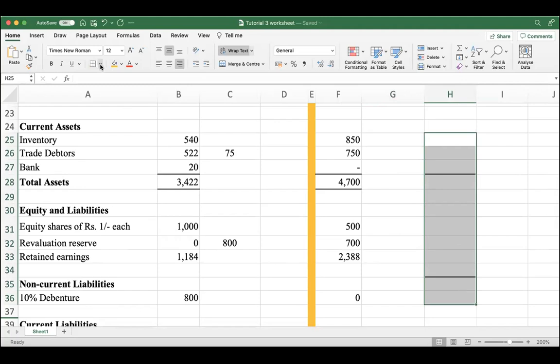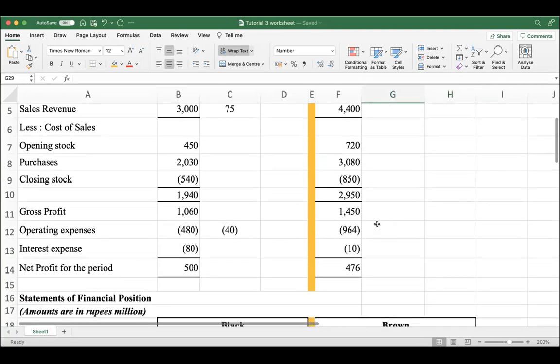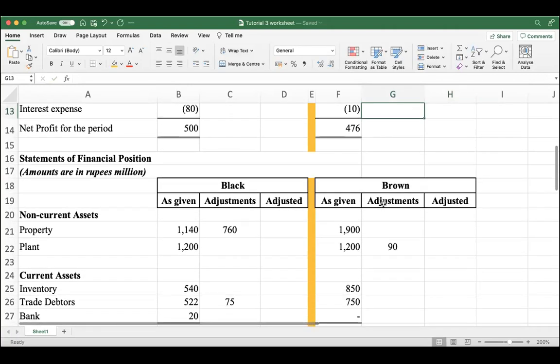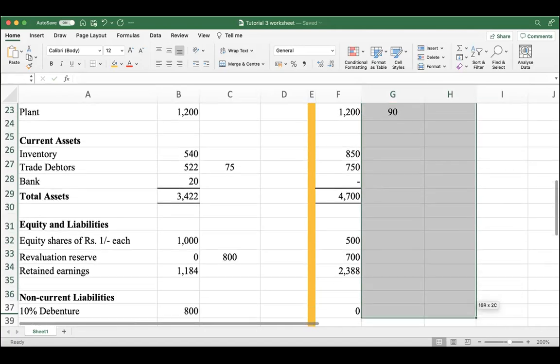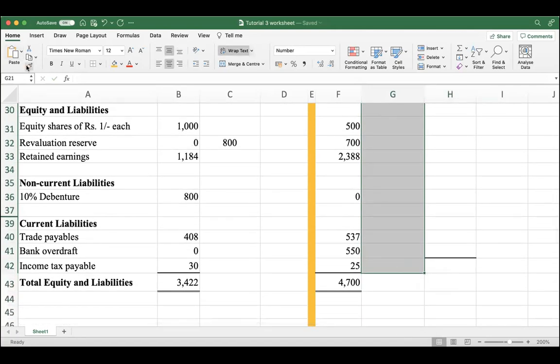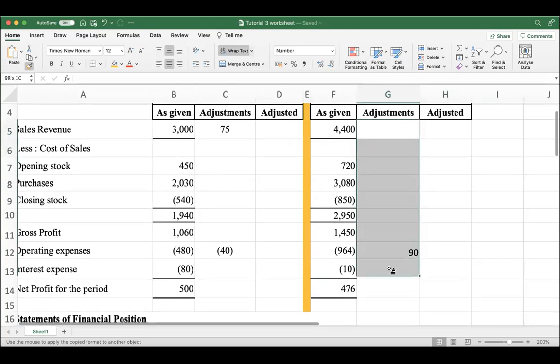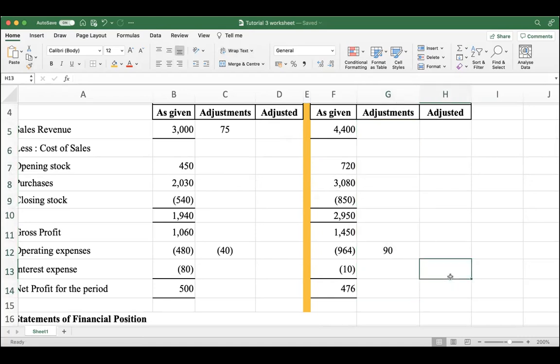Then operating expenses decrease by 90. Right.